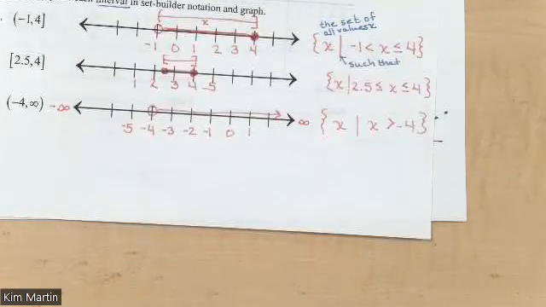Over there, when it's not included, we put the bracket upside down. Or it's not included? Yeah, like this. Backwards. That's not included, 3. That's why I was a little confused about the parentheses.